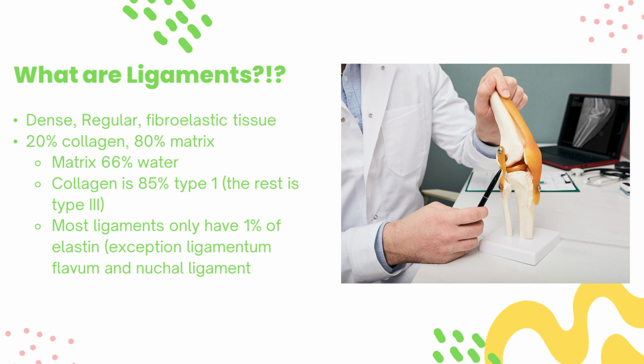Like I said, because ligaments are fibroelastic, there is some elastin in the ligament, but most ligaments only have about 1% elastin. But there is an exception when it comes to the nuchal ligament and the ligamentum flavum, so that we can allow for those spinal vertebrae and those spinal processes to flex and move a little bit more. There's a little bit more elastin in those tissues.